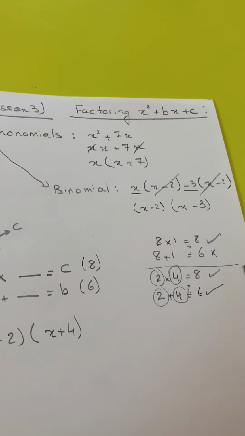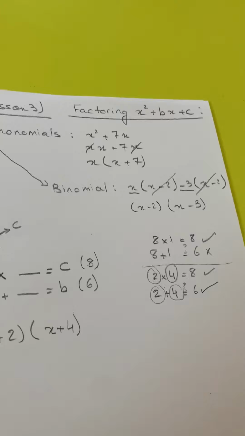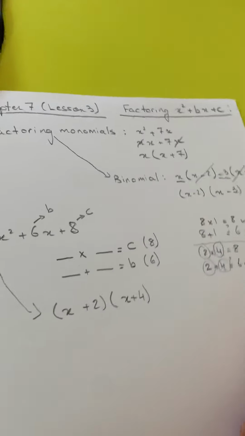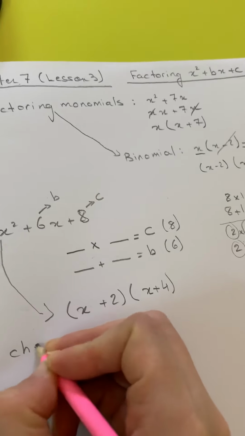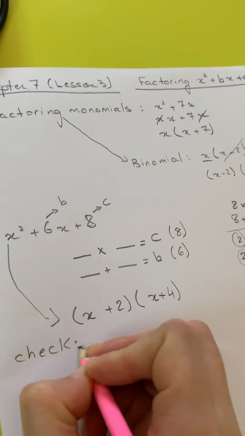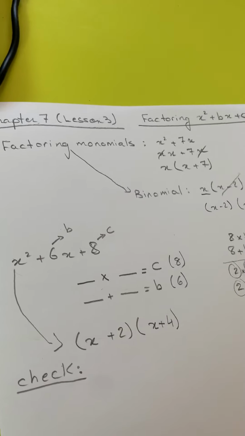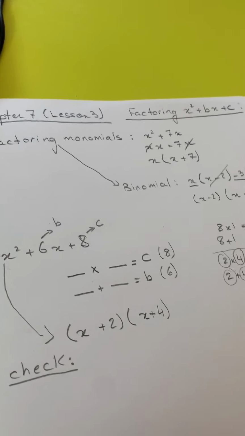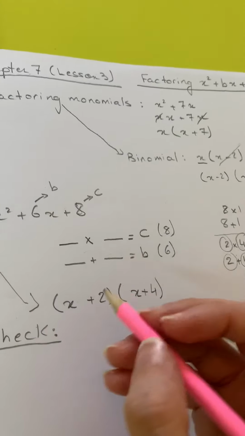Now you're going to say, how can I know which numbers? You just have to keep on trying until you get the correct answer. If you want to make sure that your answer is correct, as we said, the opposite of factoring is the distributive property. So you just do the inverse of factoring.